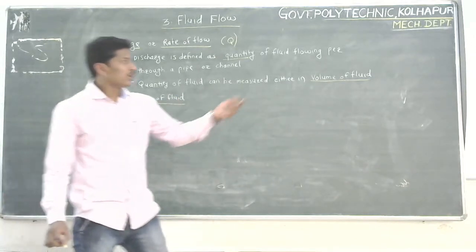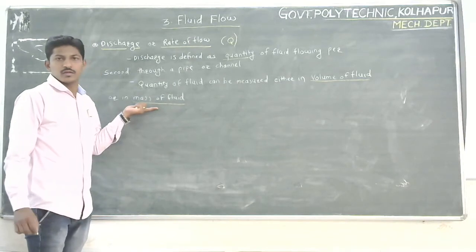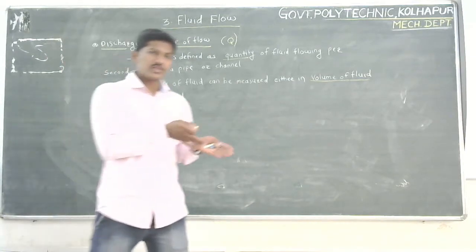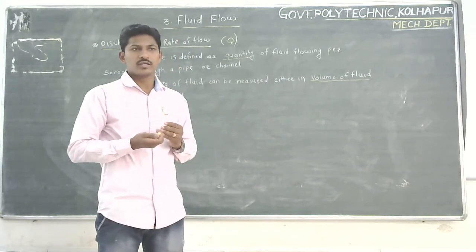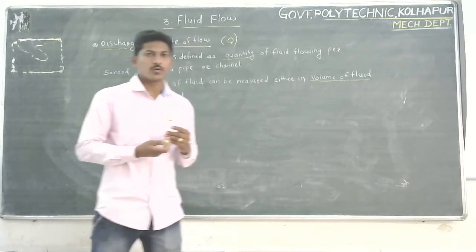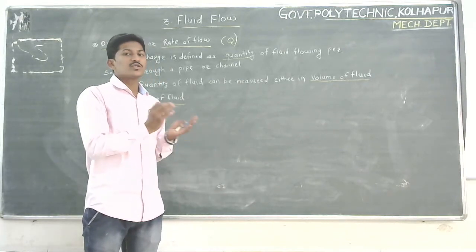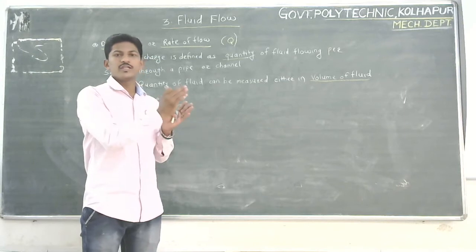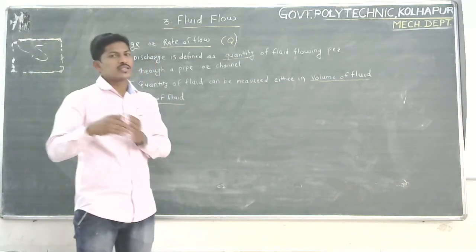Now we will see when we have to use the volume of fluid and when we have to use the mass of fluid. Already we have seen the types of fluid, compressible and incompressible. If the density is not constant, or density of fluid varies from point to point, then it is called compressible.